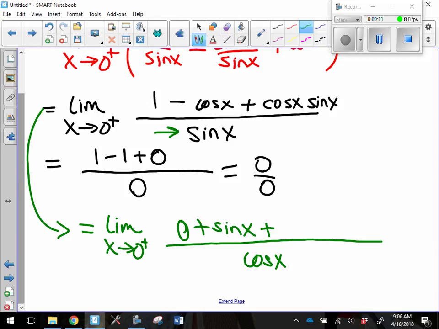And now I got to deal with what? Product rule.